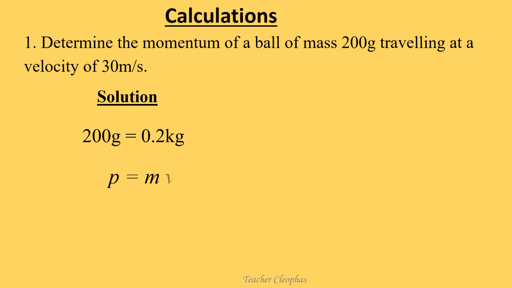Then we know that momentum equals mass times velocity. So we now substitute for the mass and velocity. So we have 0.2, that is the mass, in kilograms multiplied by 30 meters per second. This gives us 6 kilogram meters per second, which is our answer.